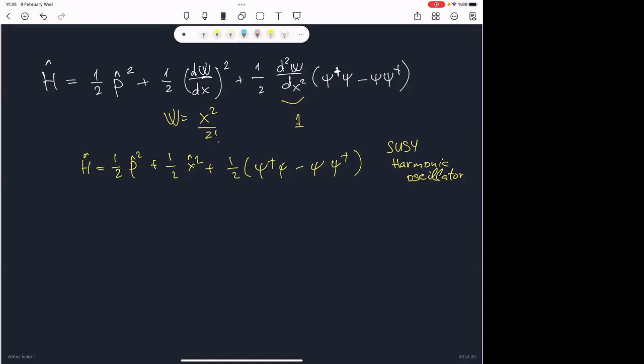So let me mention that if you do all the computation for this part, you get E equals ħω/2, this is the ground state. But if you compute the other piece, you get exactly this with a minus sign, and they will cancel each other. This you can check yourself for the harmonic oscillator, so this is sort of homework.